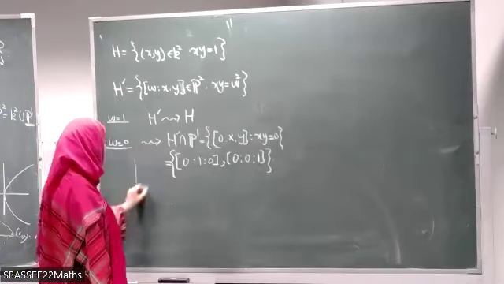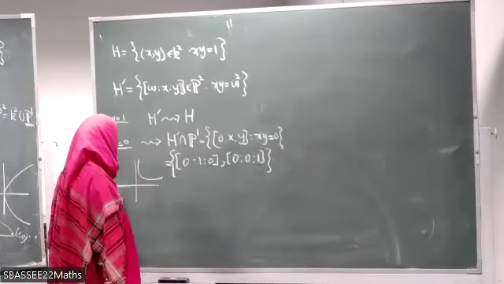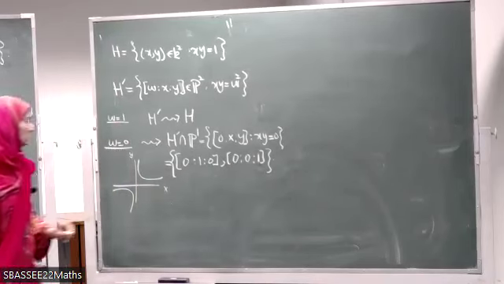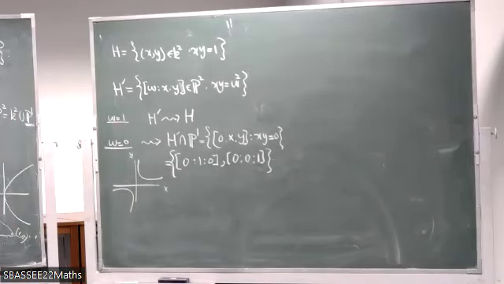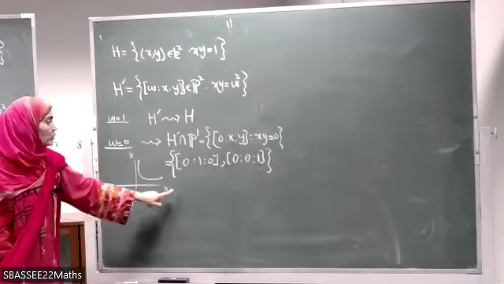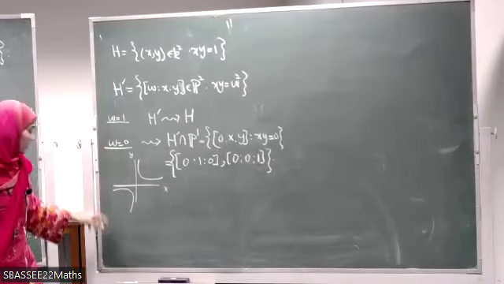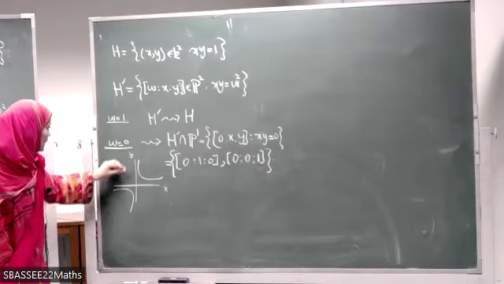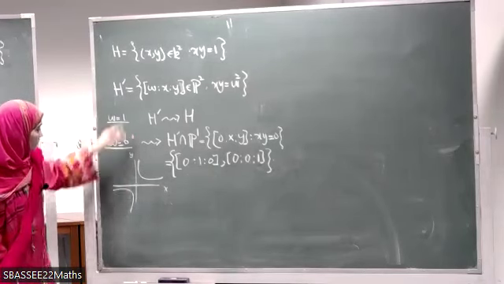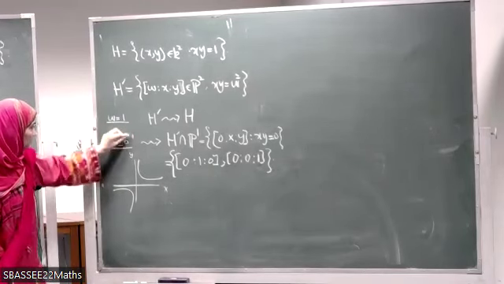So if you look at the picture of that one, this is your hyperbola, and you are adding 2 points here, one corresponding to the x-axis and the other corresponding to the y-axis. So there is one point and there is another point.